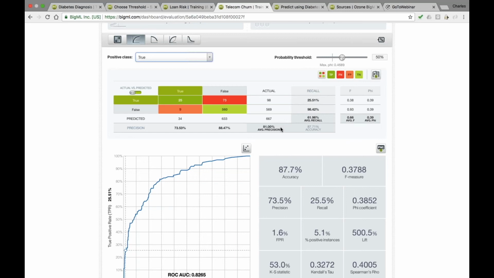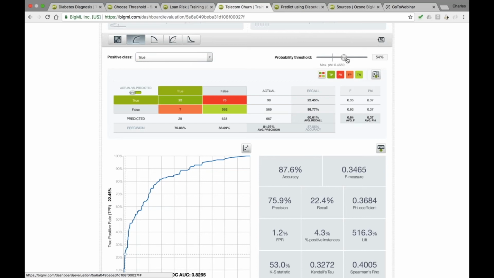Maybe you only have enough resources to contact, say, 2% of your subscribers each month. And so what you want to do is get the 2% that are most likely to churn, and use your resources to contact that 2% of people. A way to do this is to move the probability threshold slider around until the number you're predicting true goes down to 2% of your whole data set, which is what, 12 or 13.